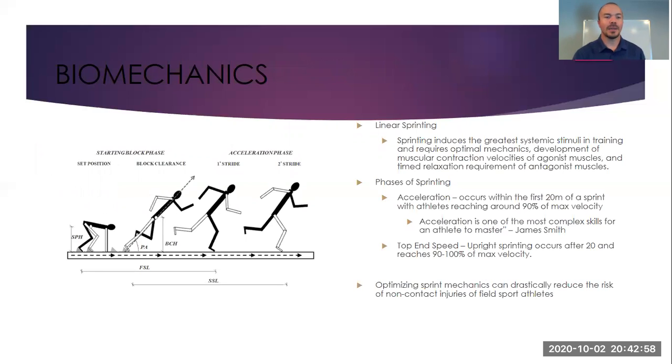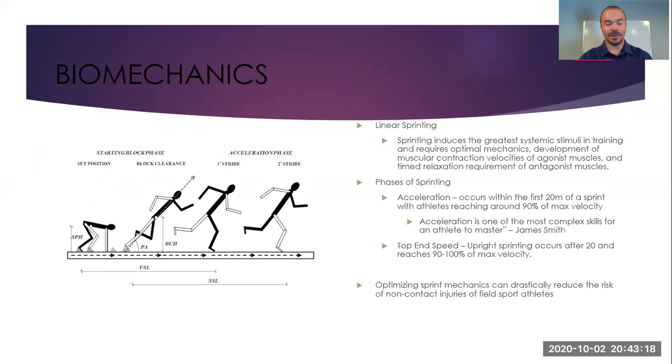Let's look at these biomechanics. Now, not every athlete is going to start a sprint out of that set position, but essentially what they'll do is fall into that leaning acceleration position.